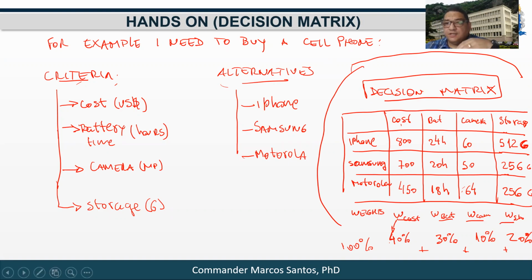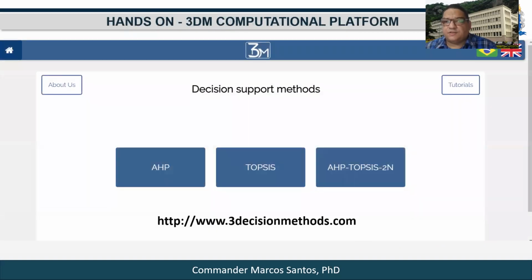Even if you don't know any equation about TOPSIS method, you can use it because we developed this tool called 3 decision methods computational platform. So you can type www.3decisionmethods.com.